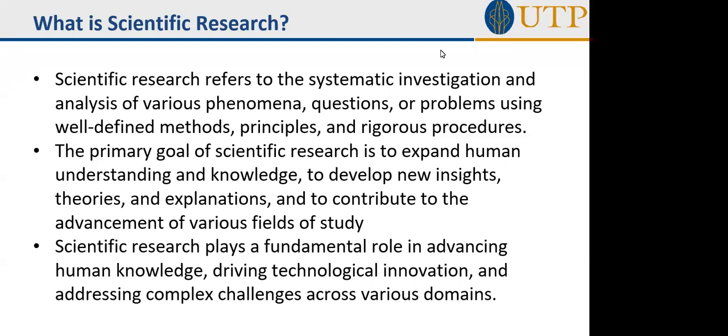The primary goal of scientific research is to expand human understanding and knowledge, to develop new insights, theories and explanations, and to contribute to the advancement of various fields of study. So that's the bookish definition of scientific research. I'm describing this because in fast track research, we need to know what is fast track, and before that, we need to know what is research.